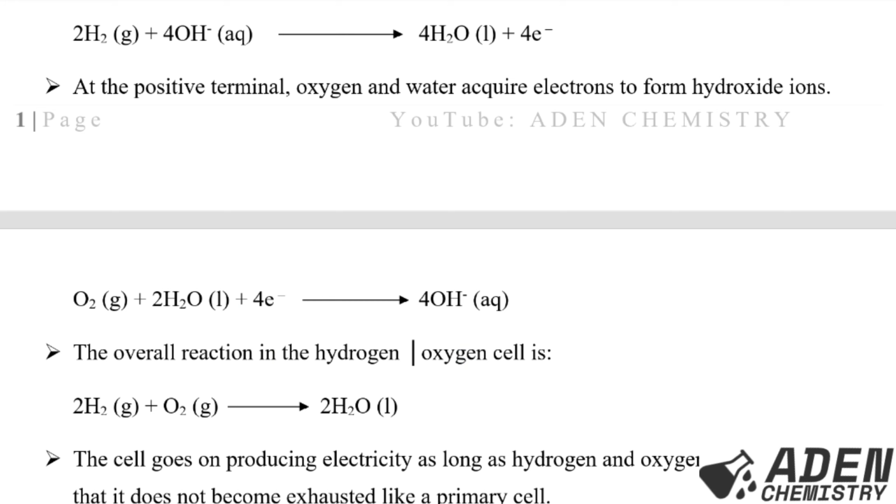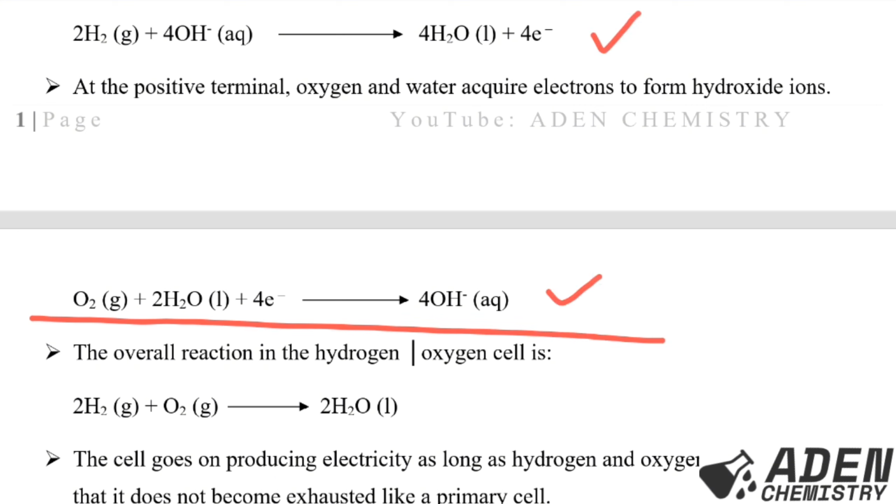Let's have the overall cell reaction in the hydrogen-oxygen cell. For us to get the overall cell reaction, we add the anode reaction and the cathode reaction. If you see something on the reactant side which appears on the product side, we cancel it out. The 4 electrons go with the 4 electrons, and the 4 hydroxyl ions go with the 4 hydroxyl ions.